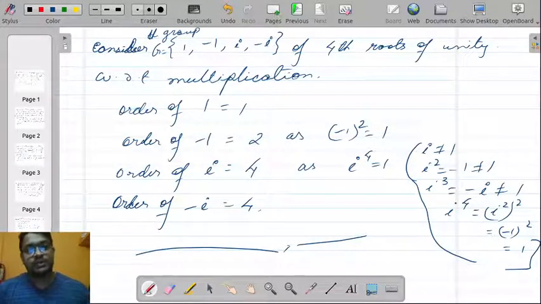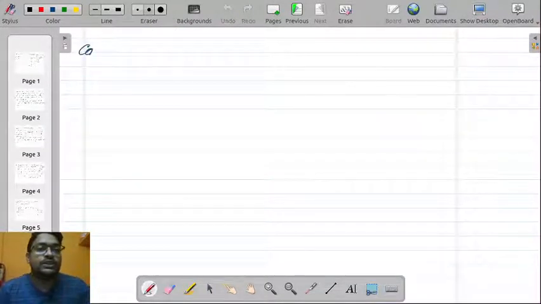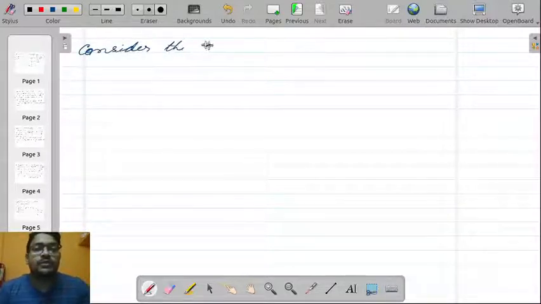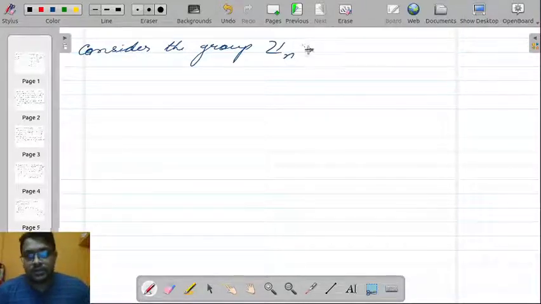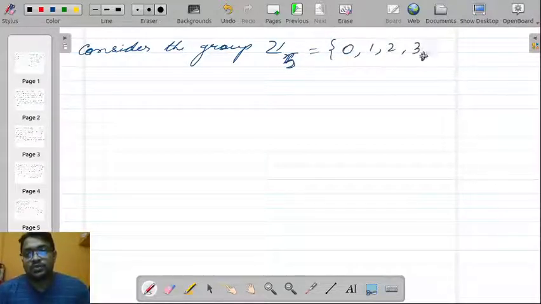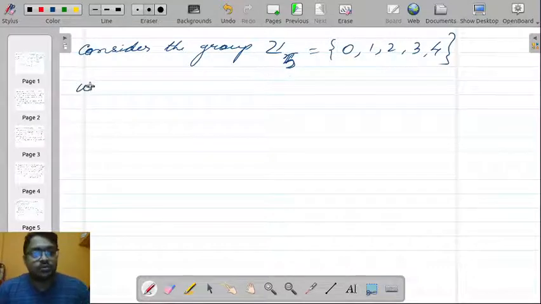Next, say you consider the group Zn. Say I write something like Z5, which is equal to {0, 1, 2, 3, 4}, with respect to addition modulo 5.